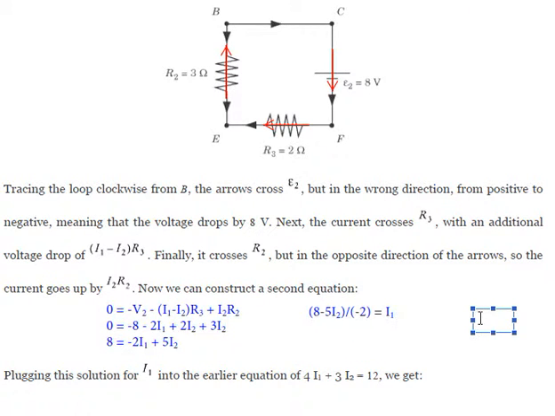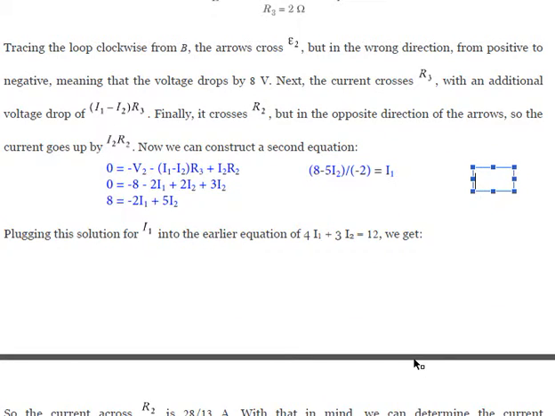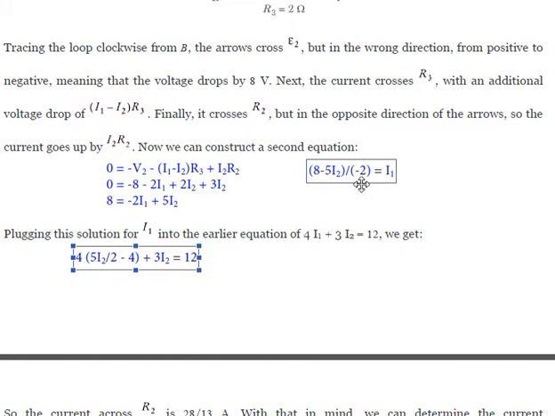So we're going to solve this by substitution. So if we plug it into this equation that we had before, we have 4 times, I'm going to pause for a second. Alright, so we plugged in for I1, I just divided both things here by the negative 2, that's why this looks a little bit different than we had here.